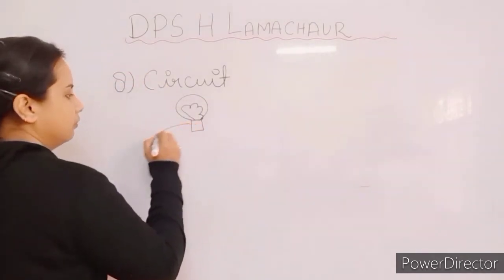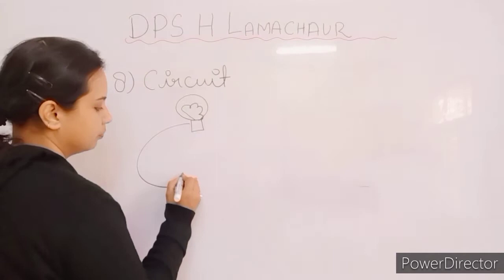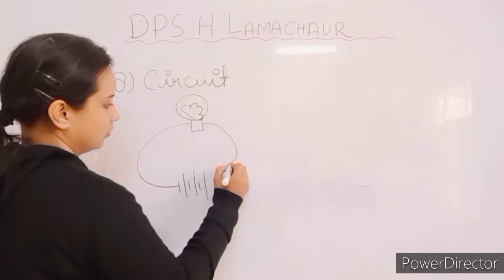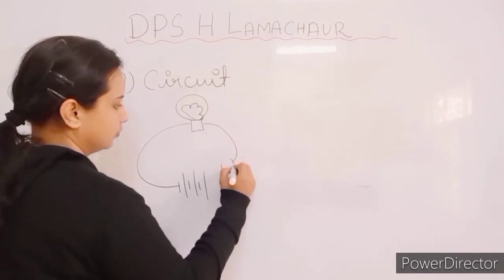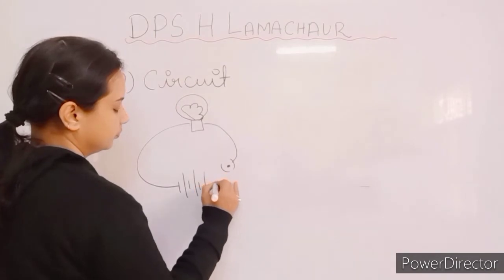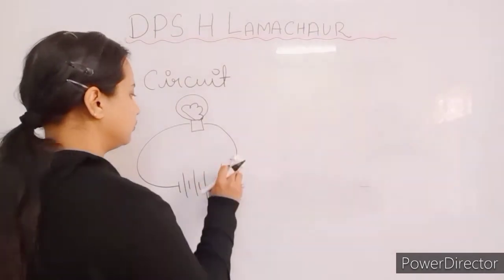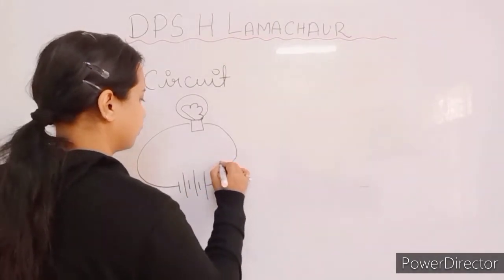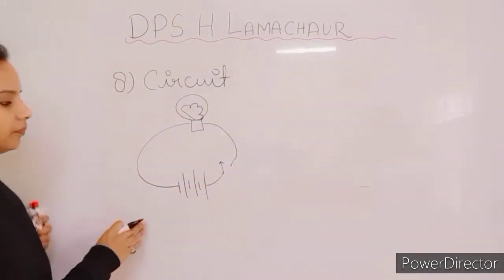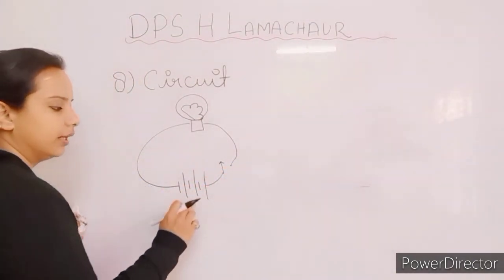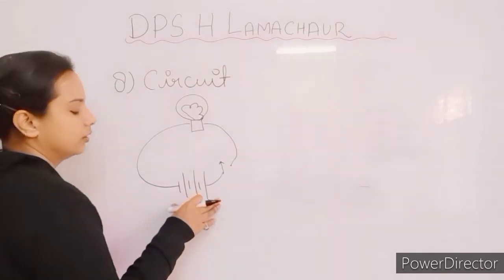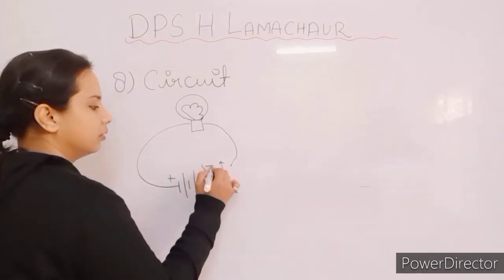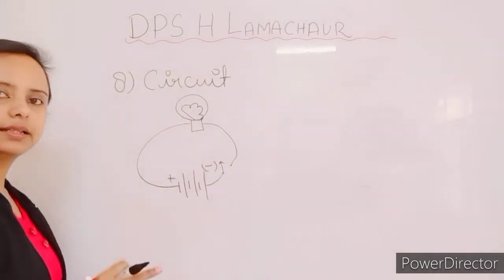Okay, wires are here. Okay, so this small and big line are showing here the battery. First, the small one is showing the positive one, and the bigger line is showing the negative one.